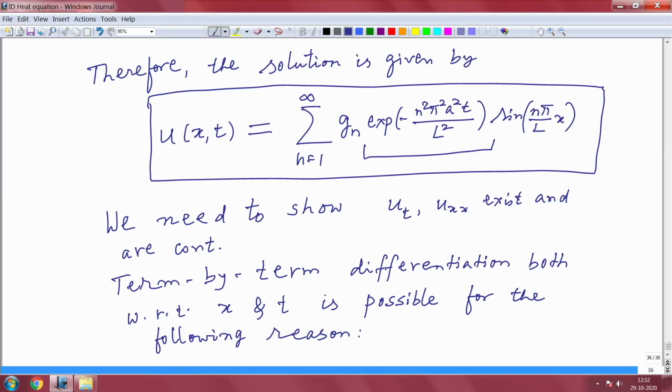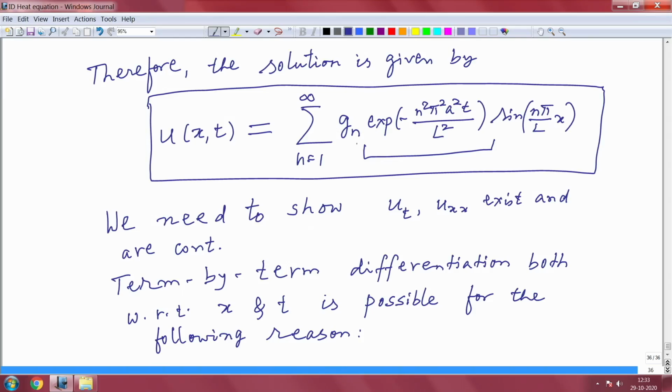So, look at the terms in the infinite series. Suppose I differentiate with respect to t, I get an n square factor, and if I differentiate with respect to x 2 times, again I get an n square factor. Okay.